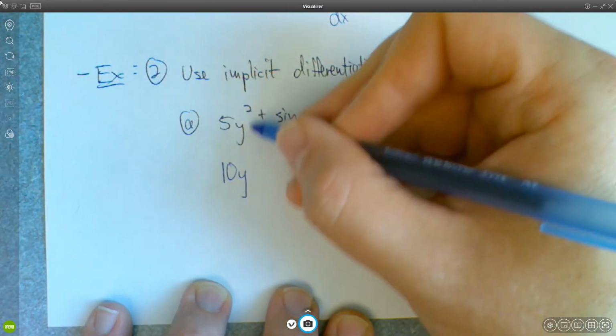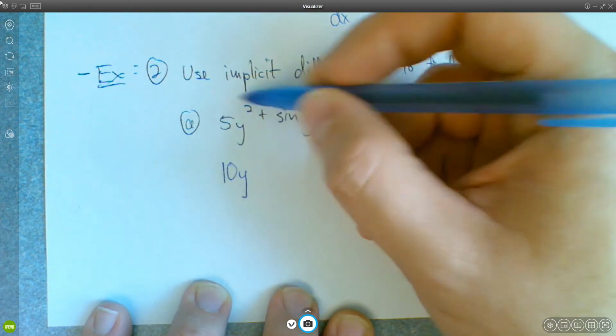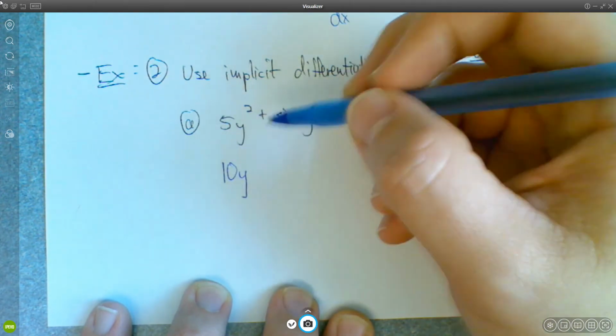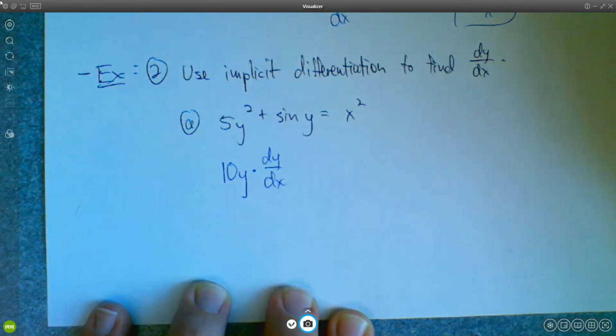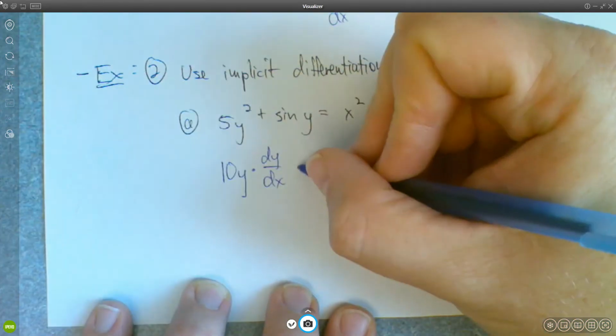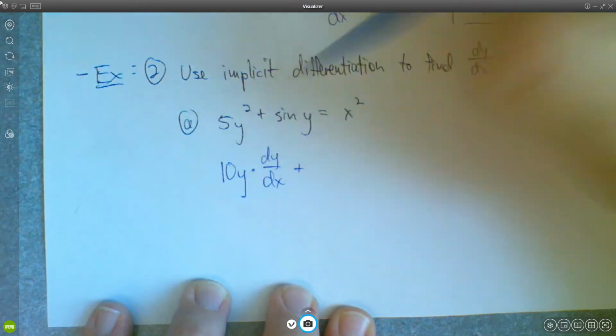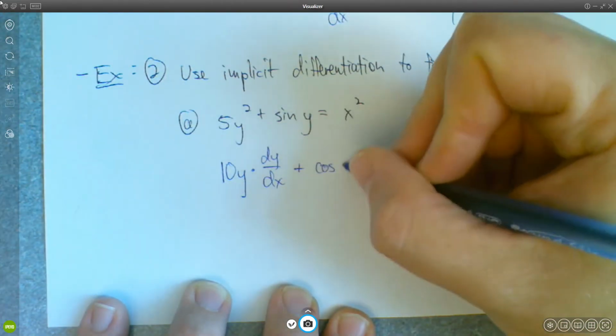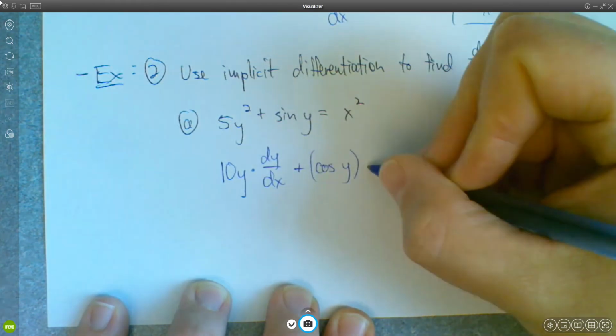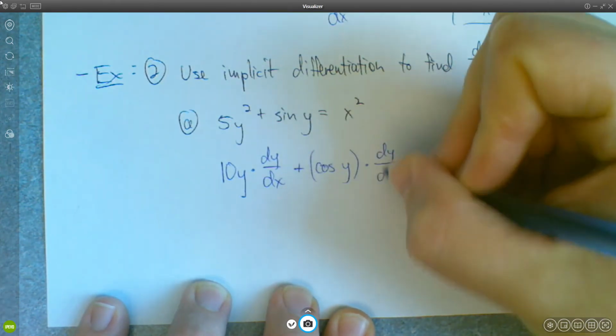But because I differentiated a term involving a y, I've got to have a dy dx, right? I've got to use the chain rule. So times dy dx. Plus sine of y. Well, the derivative of sine is cosine, so this would be cosine y. Again, got to use the chain rule, dy dx.